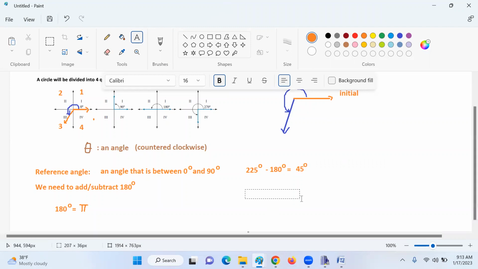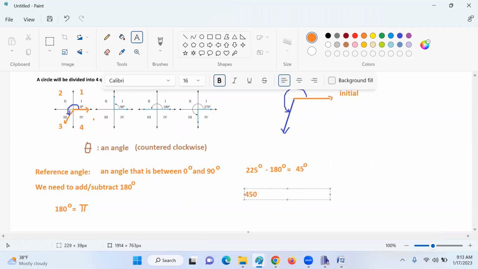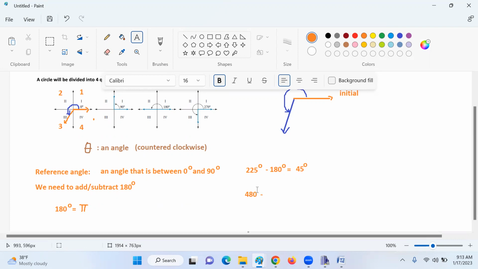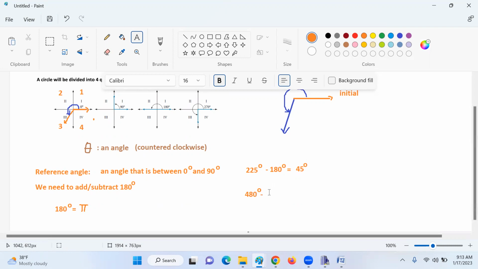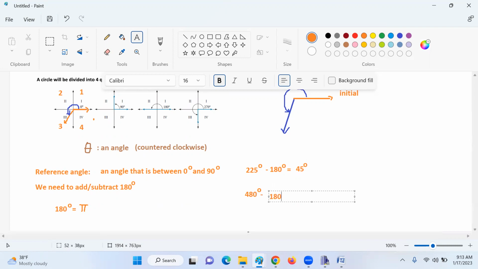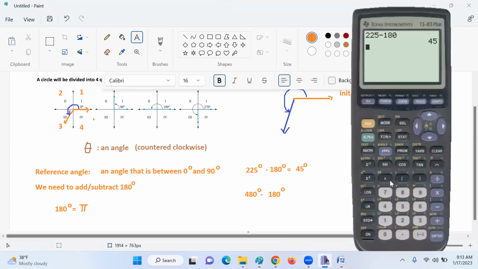You can have something like 450 or 480, and then we can subtract 180 every single time. So we can figure out the reference angles by calculation. But you have to make sure that the angle will be bounded between 0 and 90 degrees. So we take 480 minus 180.